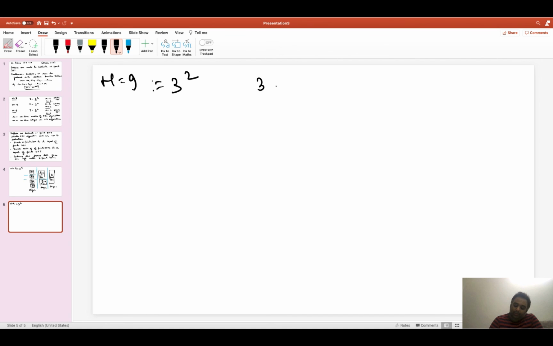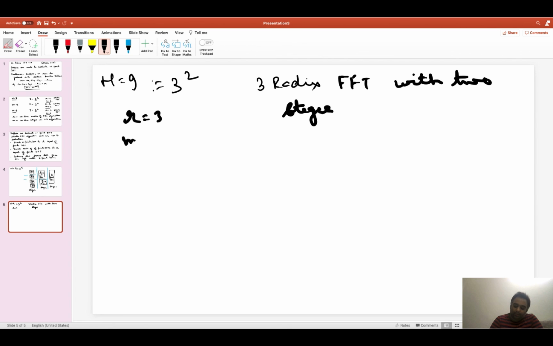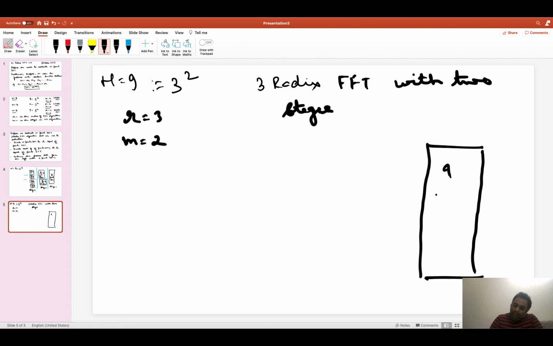That means this fundamentally becomes a 3 radix FFT with 2 stages, because r becomes equal to 3, m becomes equal to 2. So this would look something like this. You have 9 points here.